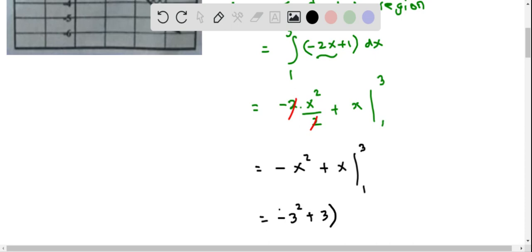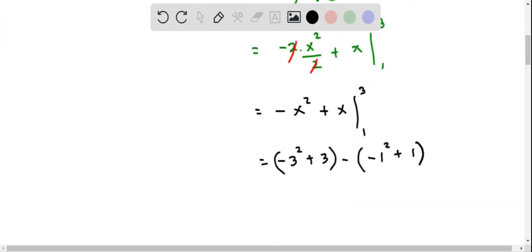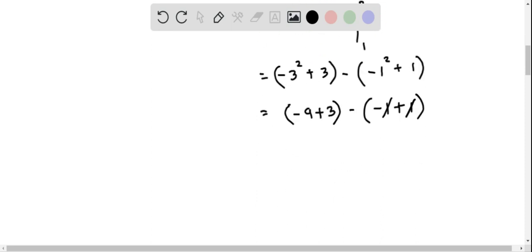When we apply the upper bound 3, minus we now apply the lower bound, that is negative 1 squared plus 1, and this equals negative of 3 squared is negative 9 plus 3, minus negative of 1 square is negative 1 plus 1. This one is 0. Negative 9 plus 3 is negative 6.